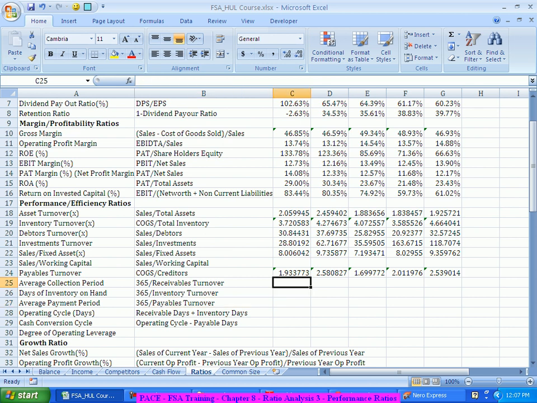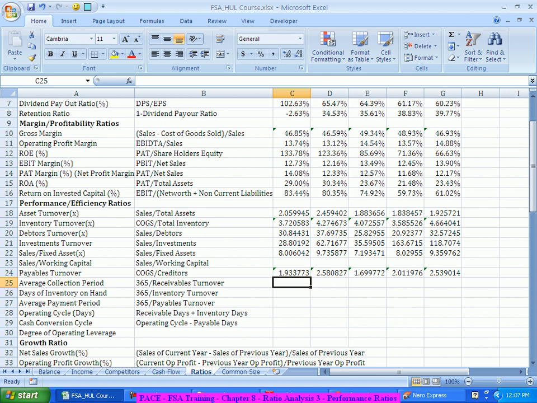Which means how many days on an average it is taking to collect from my customers. Collect cash after a sale is being made. On an average, how many days it is taking to collect the cash? See, in some cases I will collect it immediately because it's a cash transaction.